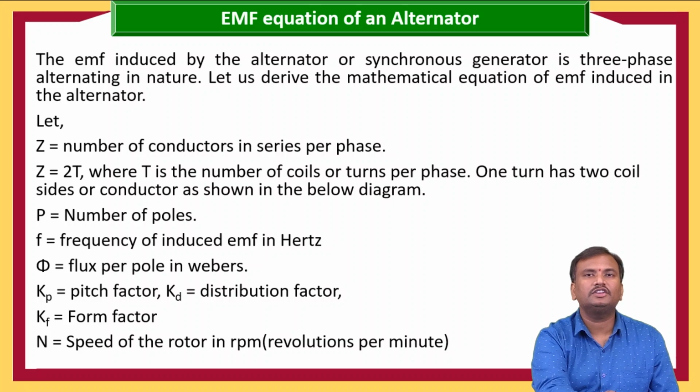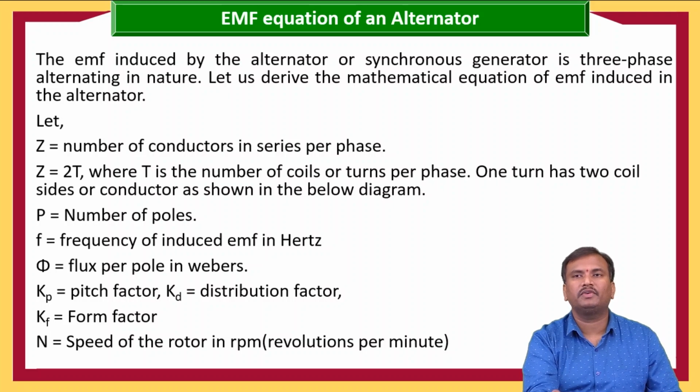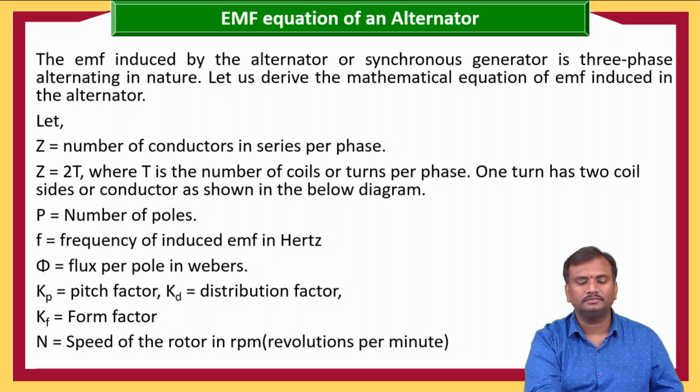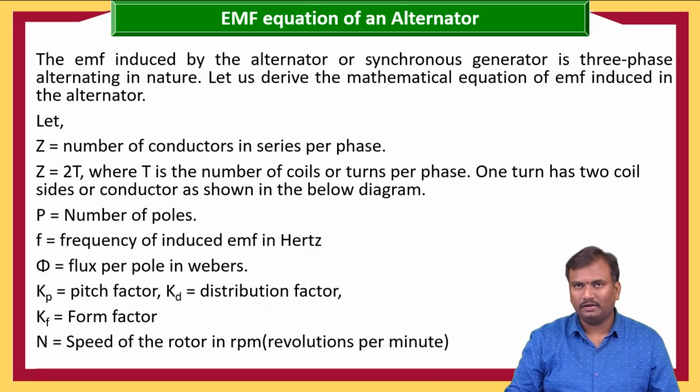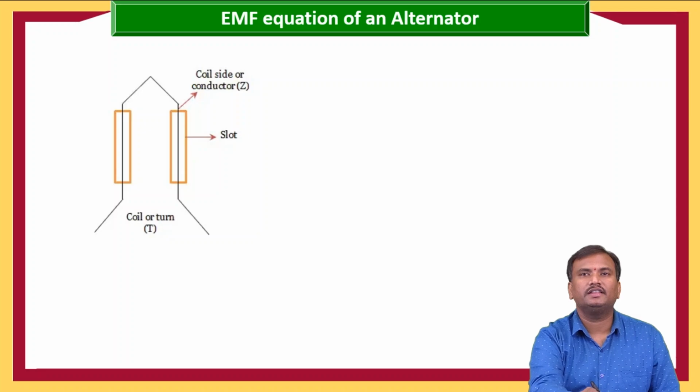And where Z is equals to 2T, where T is the number of coils or turns per phase. One turn has two coil sides or conductors as shown in the below diagram. That is here, which is shown clearly. One turn or coil is going to have two coil sides, that is one conductor.